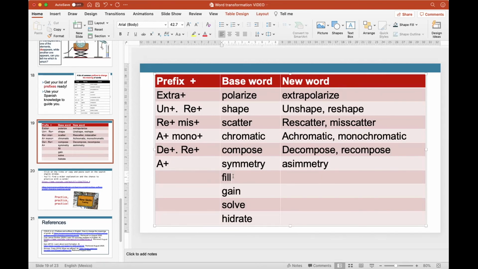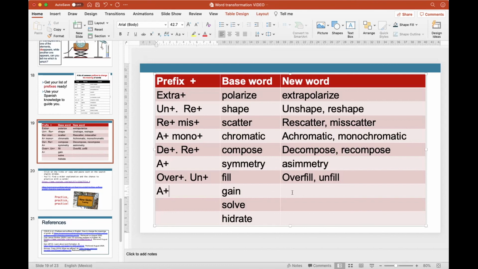Fill. Over. Oh yeah, over. Excelente. Llenar de más, ¿no? Or unfill. Es no llenar. Gain. Could be again. Can you repeat, please? Again, I mean. Again.